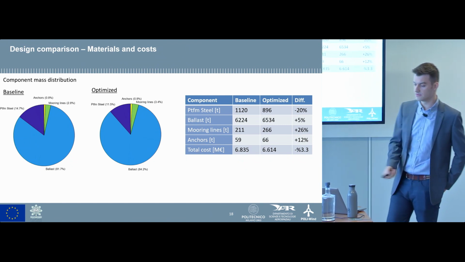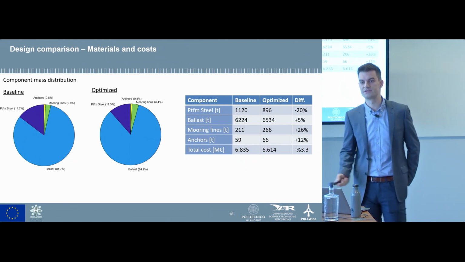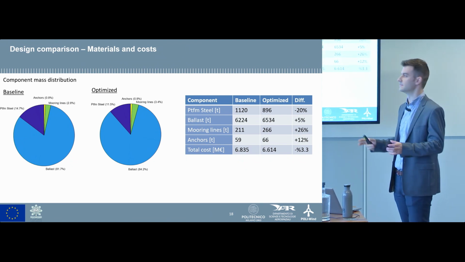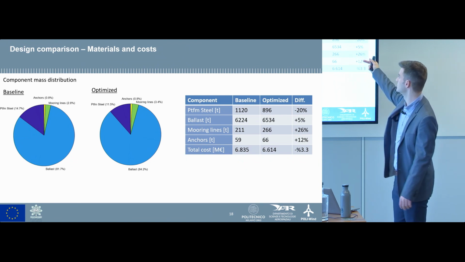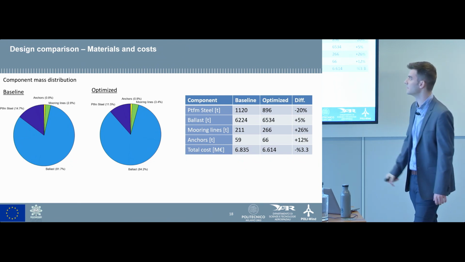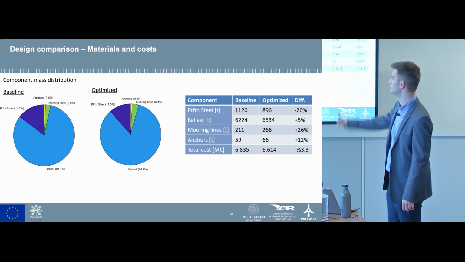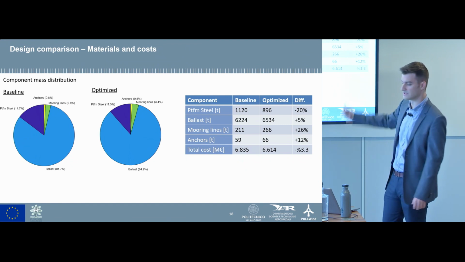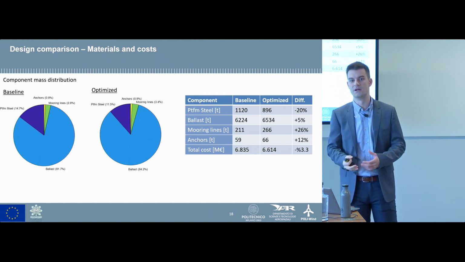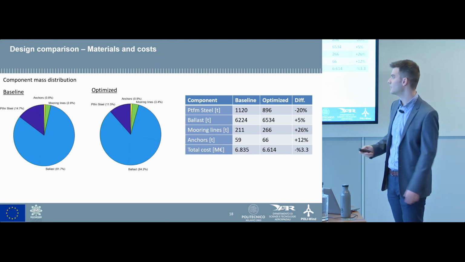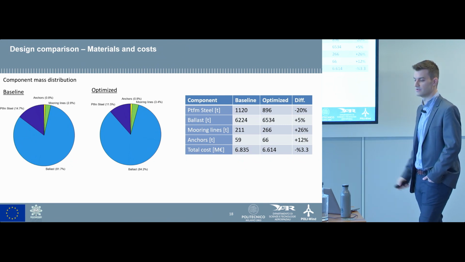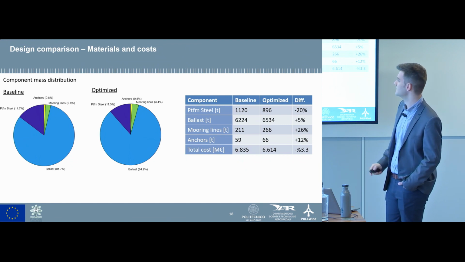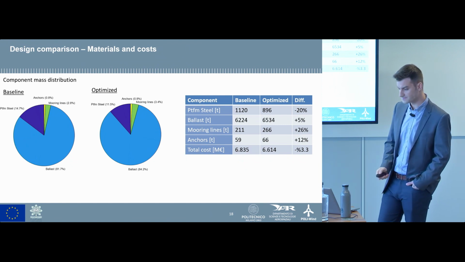And as we saw from the constraint comparison, we needed to increase the diameter of the mooring lines. So we have a huge relative increase in the mooring lines mass, and also anchors. We have an increase, which means that we have higher loads at the anchors. And in total, we have a 3.3% reduction in the total system.